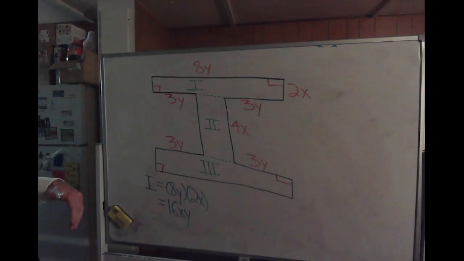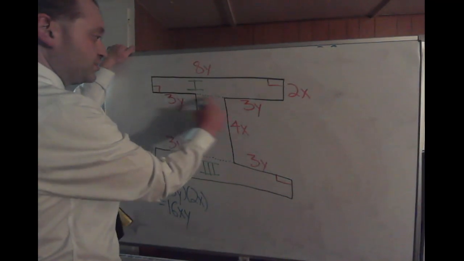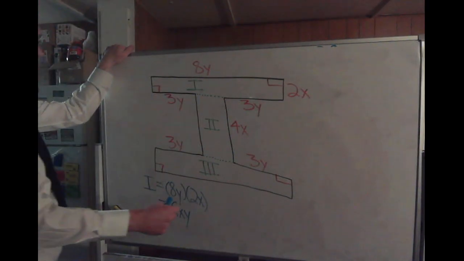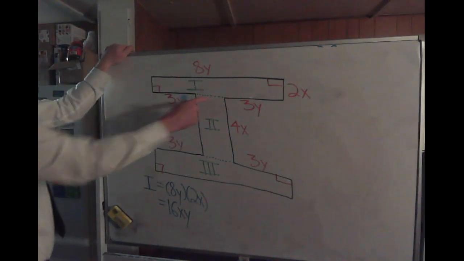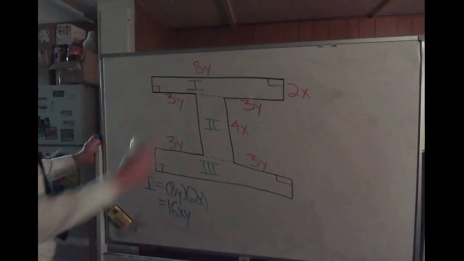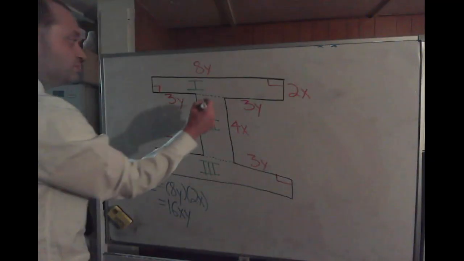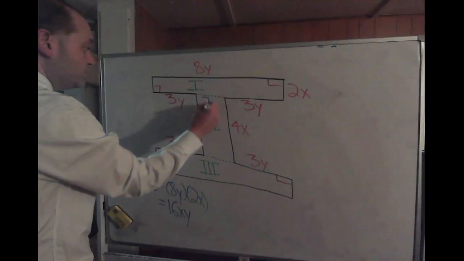So we know that this side here is 3y and 3y. In order to find the length of this height here, or actually this base, the length of this base here for this smaller rectangle is going to be what? It's going to be 2y.